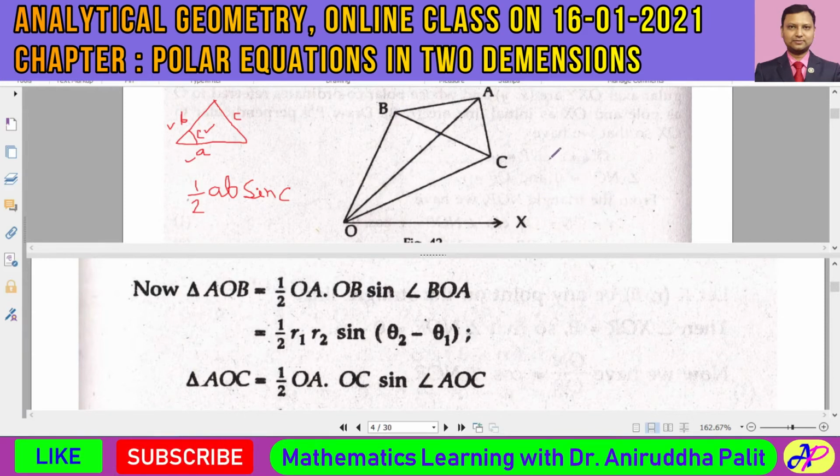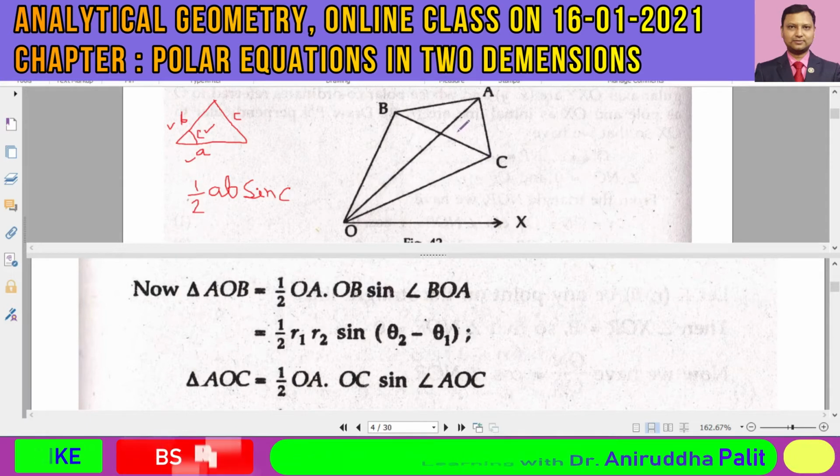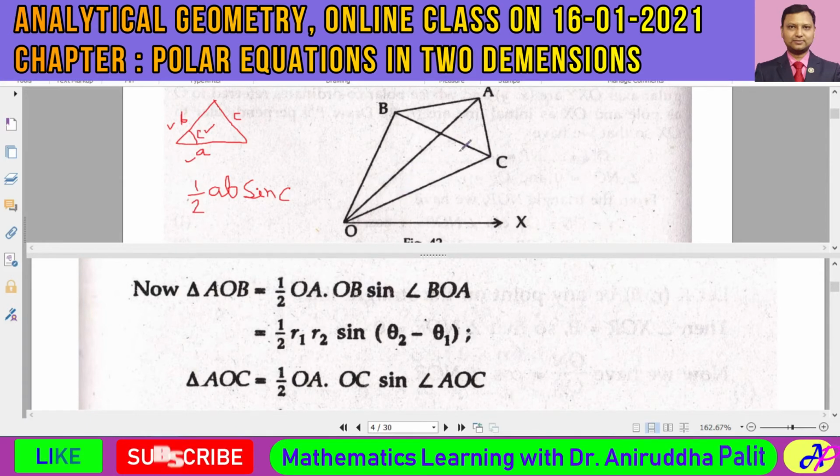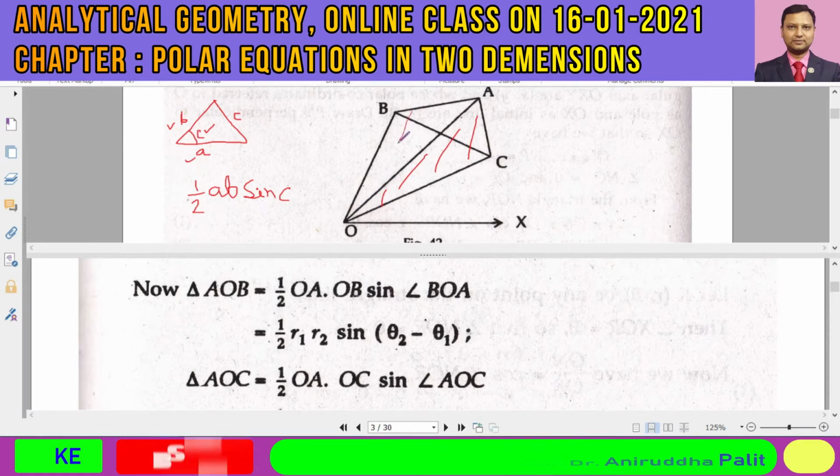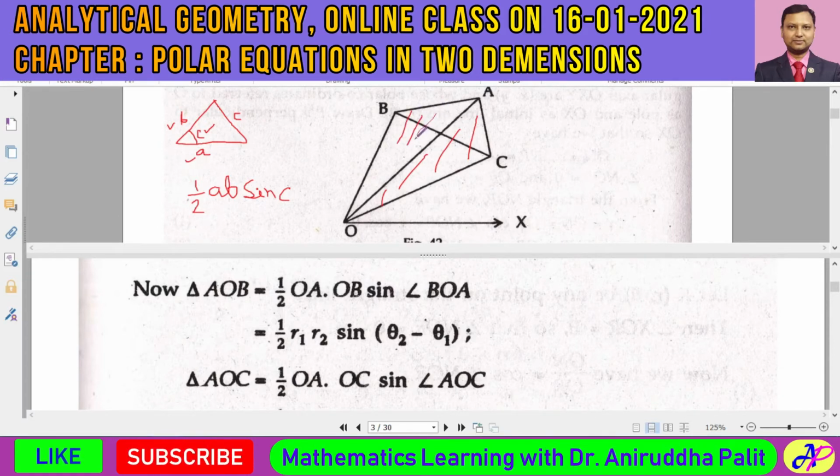So we can firstly consider the area of this triangle AOC. We can also consider the area of this triangle, the triangle AOB.